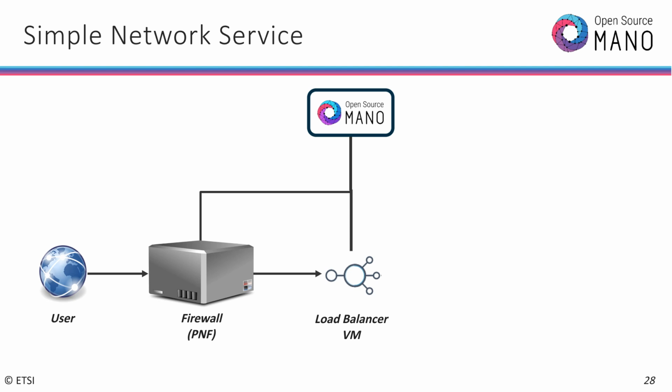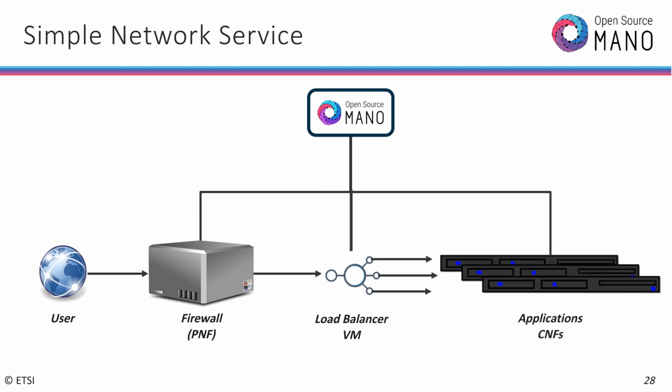This load balancer sits inside of the network premises, and the firewall will need to be open to talk to our load balancer. That load balancer can then forward traffic on to different application CNFs or whatever it is that we have in our back end.